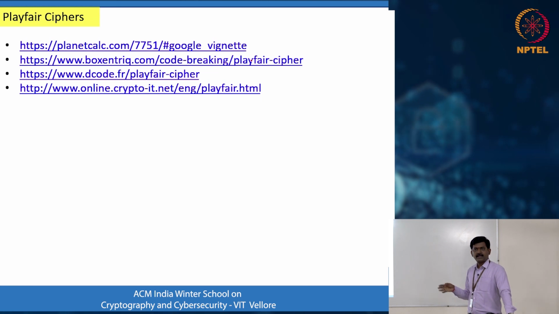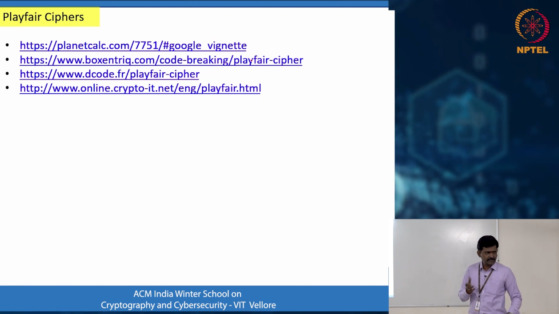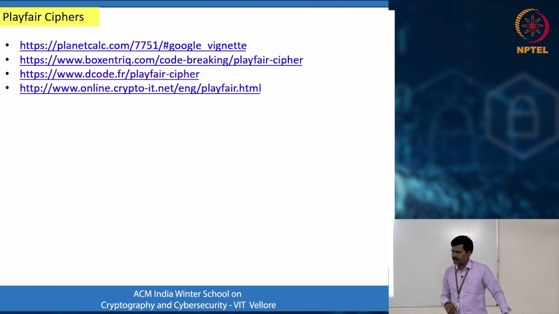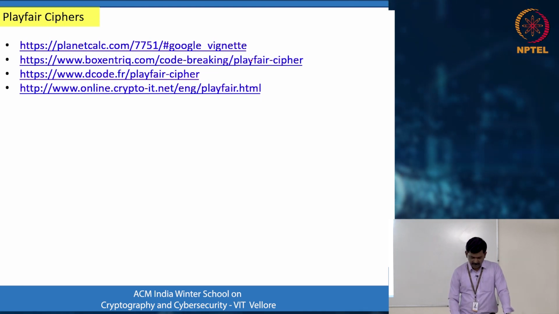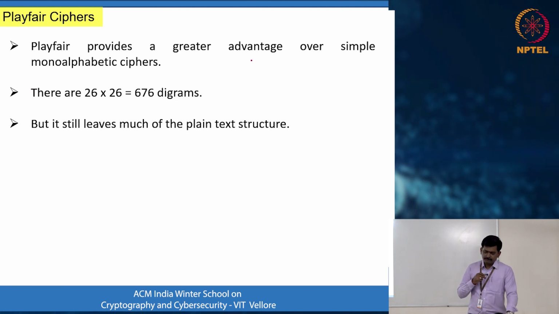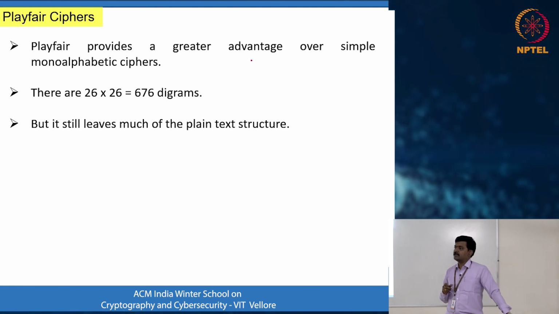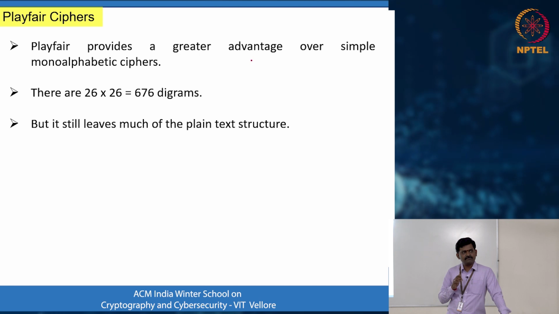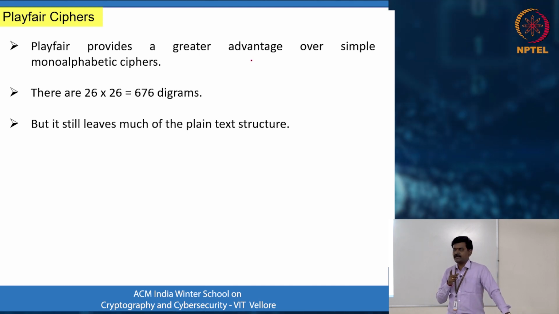You can see the online implementations of the Playfair cipher. There are plenty, so you can play with them. Still, from monoalphabetic, Playfair can mitigate the challenge of the single alphabet characteristic. What is that single alphabet characteristic?